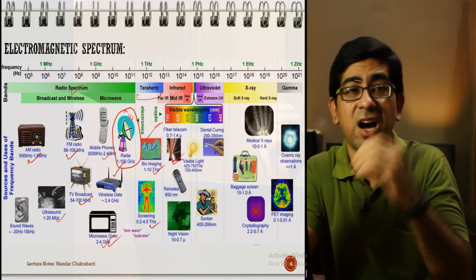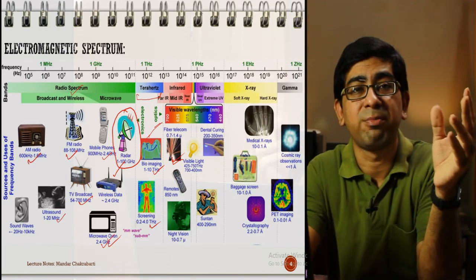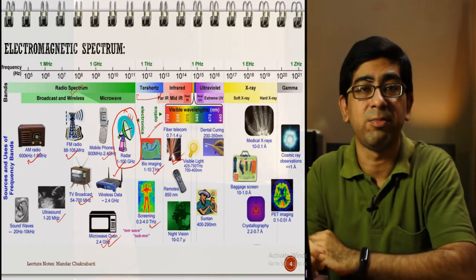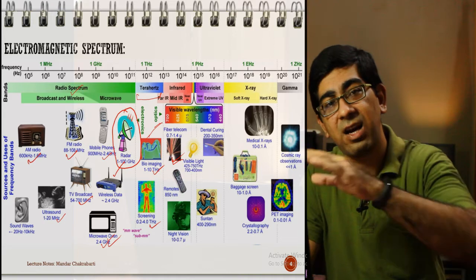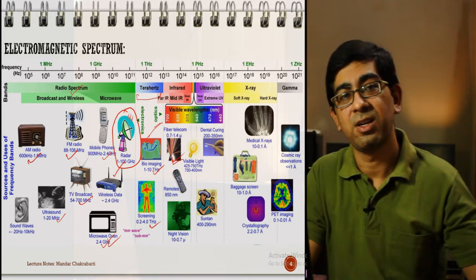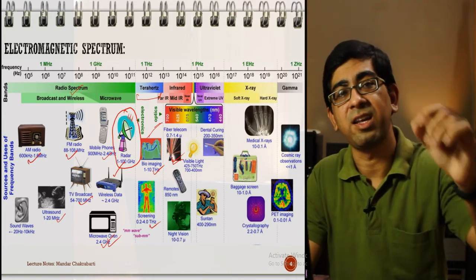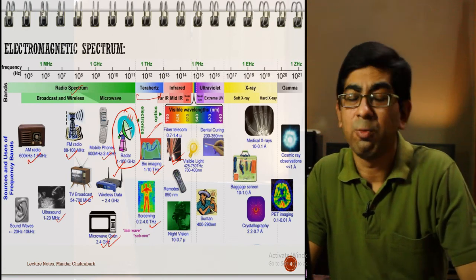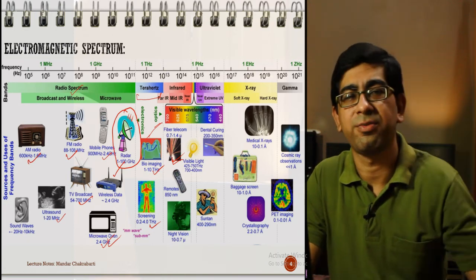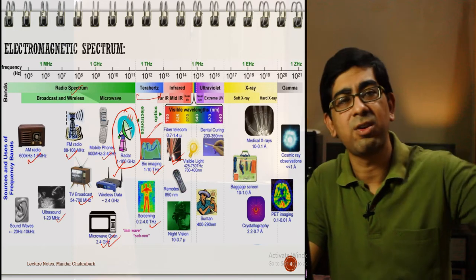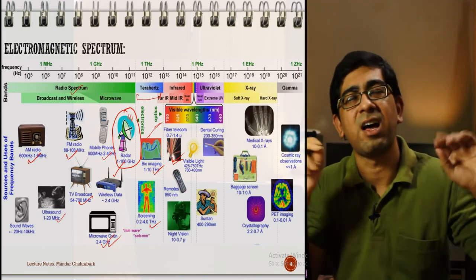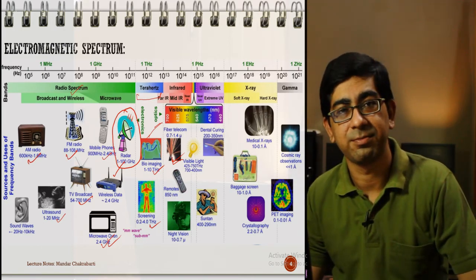There are literally hundreds of thousands of miles of fiber optic cables laid underneath the oceans, such as the transatlantic cables, which carry huge amounts of data from one continent to another at unimaginable speeds.